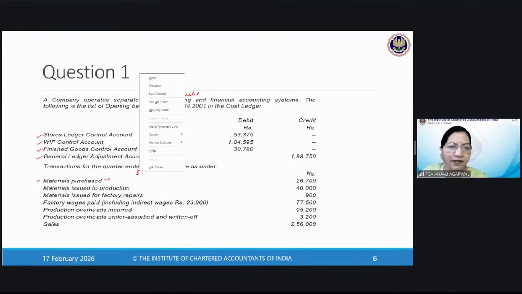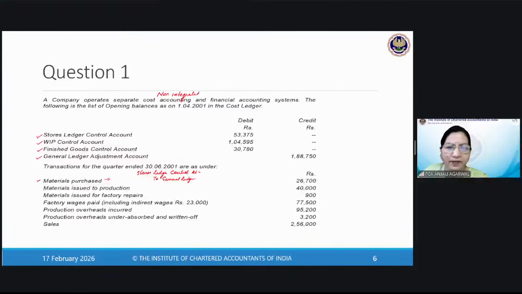You can pass directly one entry, stores ledger control account debit to cost ledger control account. Here the name is general ledger, so we will use the general ledger adjustment account. So this entry will be passed for this 26,700.